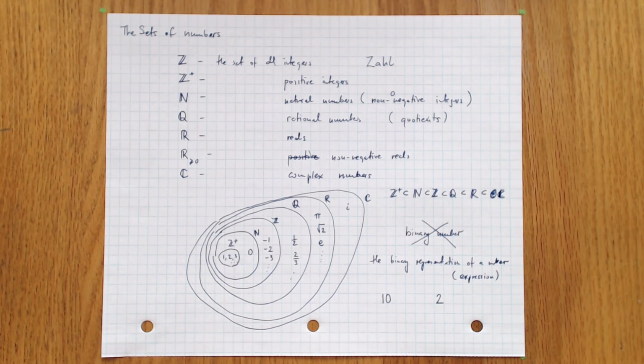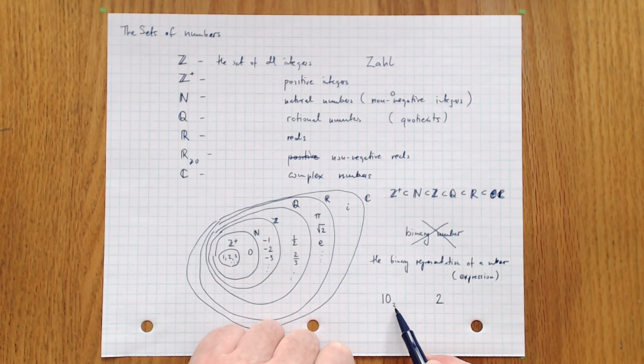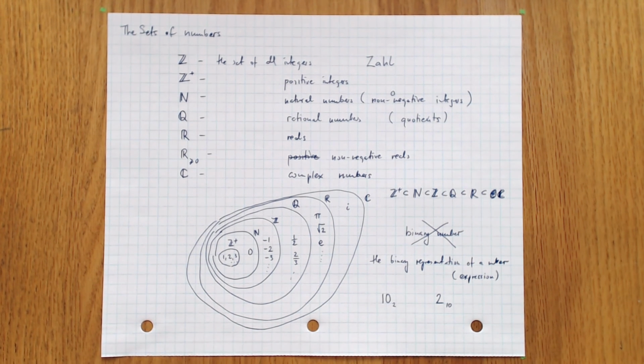Let me write the base as a subscript. So 1, 0 in binary and 2 in decimal. These do not represent different numbers. It's just one and the same number written using two different expressions.